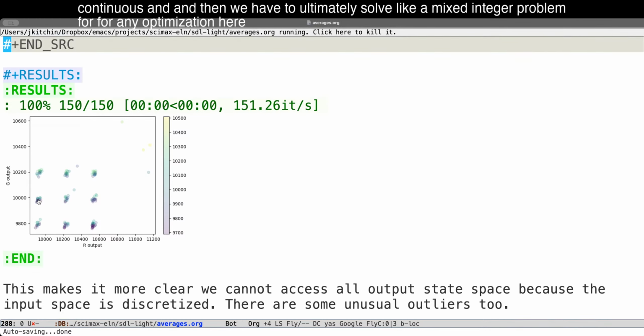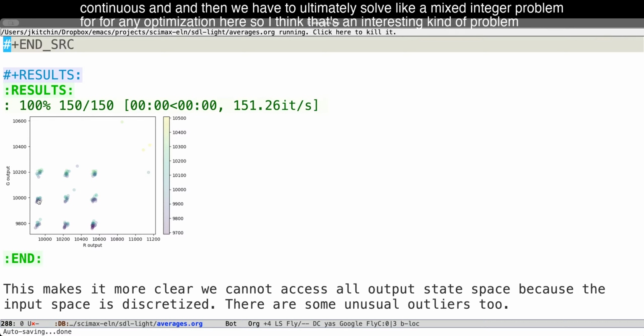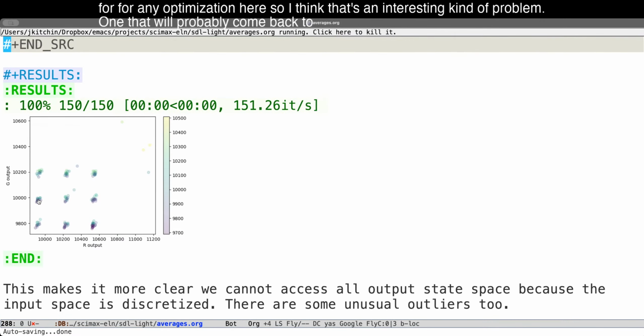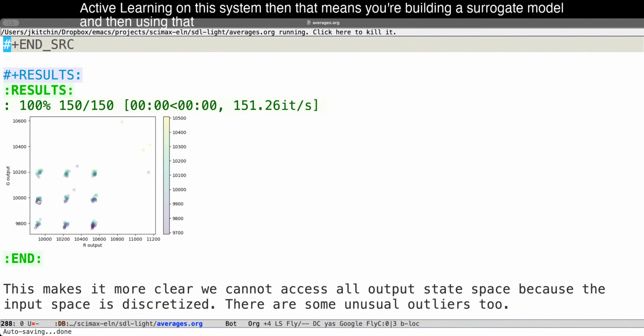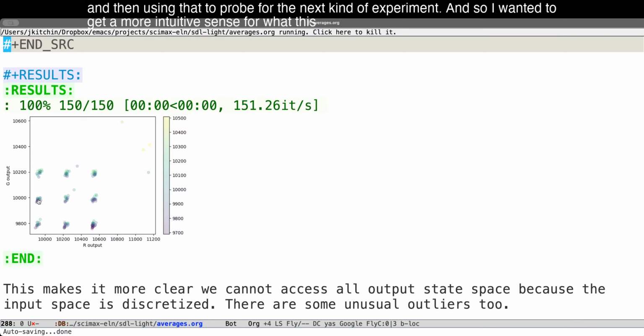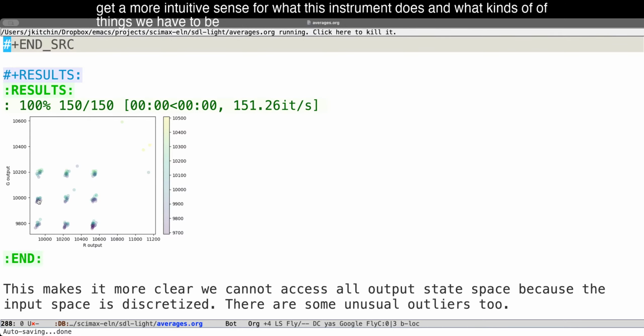So I think that's an interesting kind of problem, one that we'll probably come back to another day, because if you're going to do active learning on this system, then that means you're building a surrogate model and then using that to probe for the next kind of experiment. And so I wanted to get a more intuitive sense for what this instrument does and what kinds of things we have to be thinking about before I jumped into doing that.